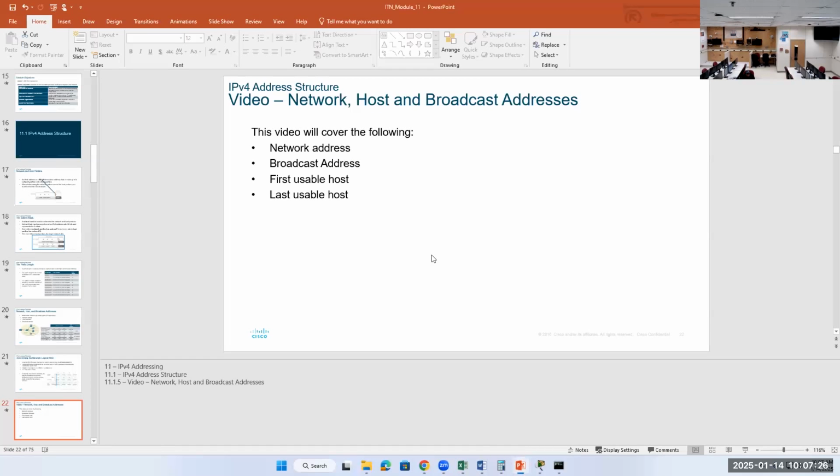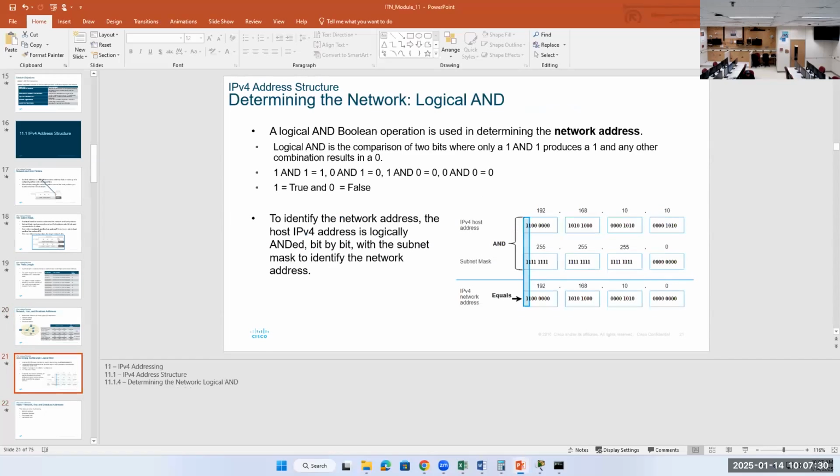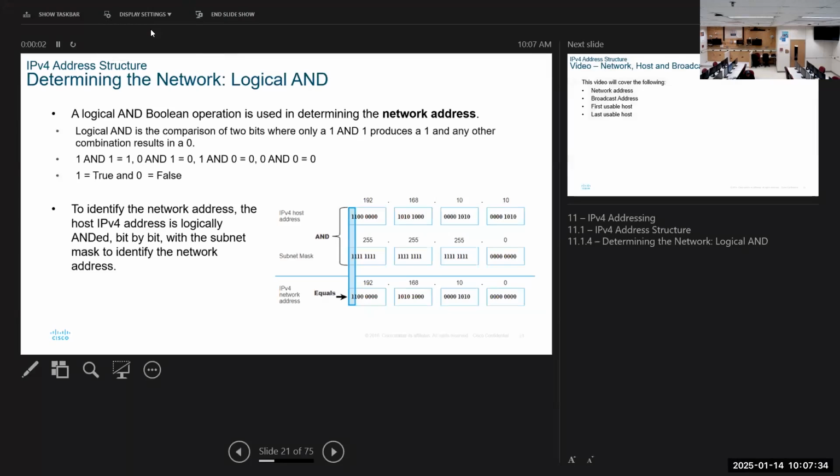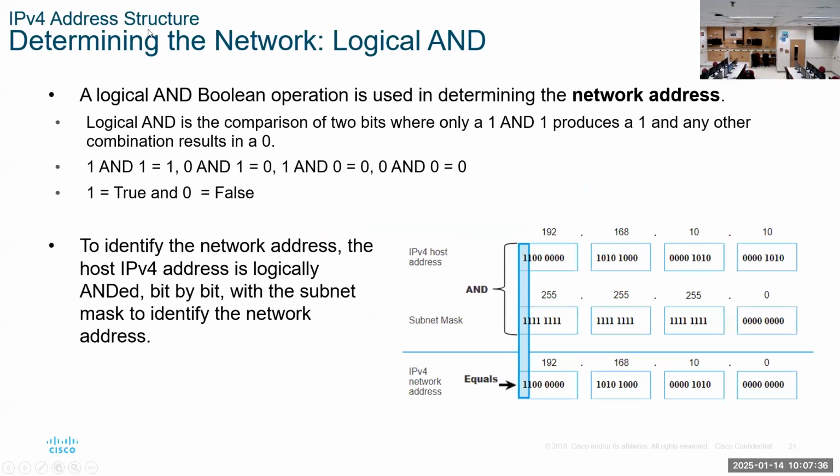Now I come back to my slide. So, I mentioned it already. Source, destination here. Before you send it out to the destination, you have to figure out if it's on the same network or not.